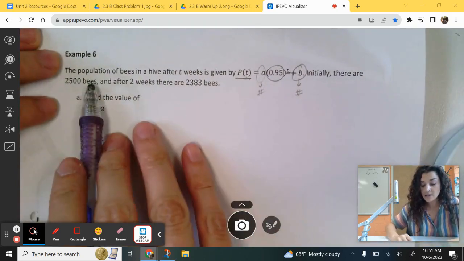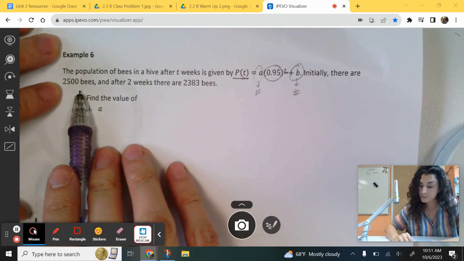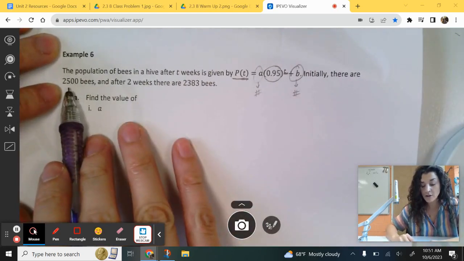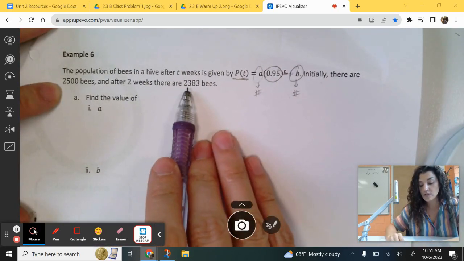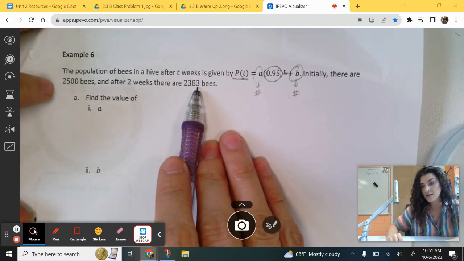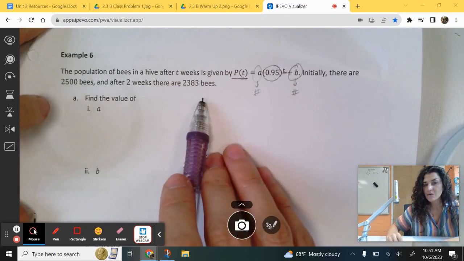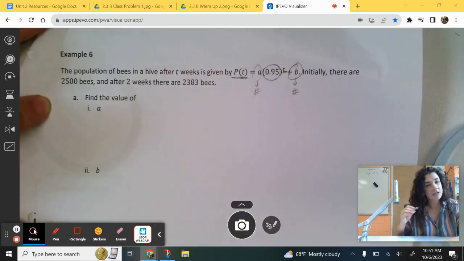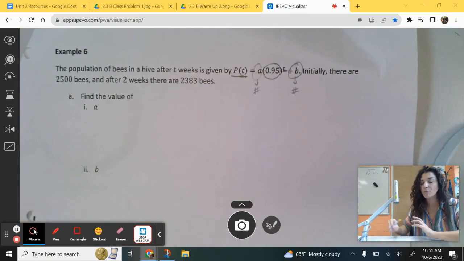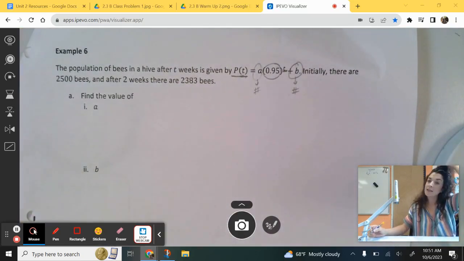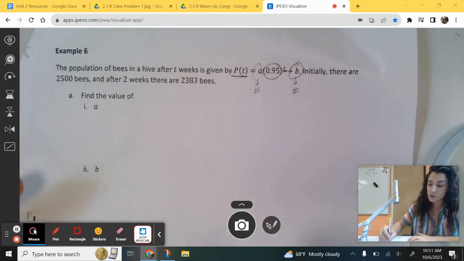Then they've given us, initially there are 2,500 bees, and after 2 weeks there are 2,383 bees. Okay. Well, we have two unknowns, and they've given us 2 points. This is starting to feel like a system of equations. And let's see what happens when we plug these values in. Are they linear equations that we get as we go through?